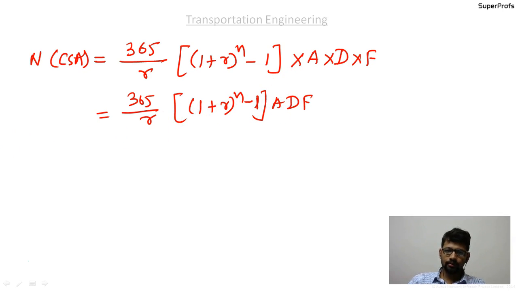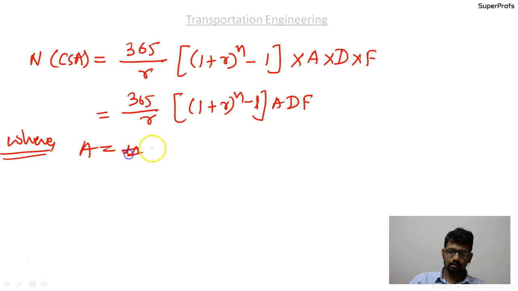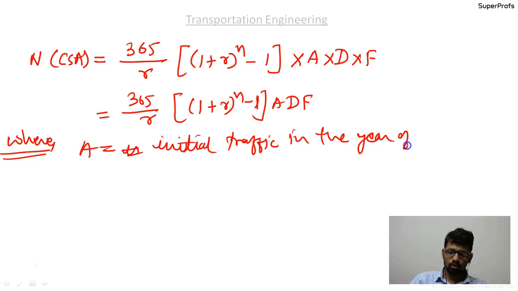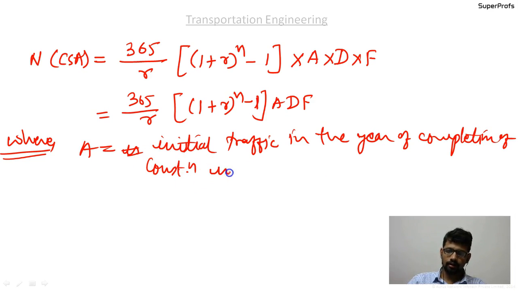Where A is the initial traffic in the year of completion of construction, in terms of commercial vehicles per day.